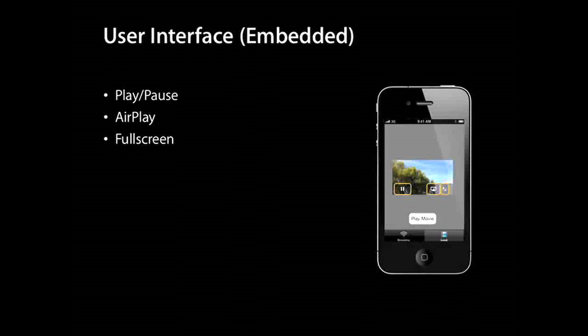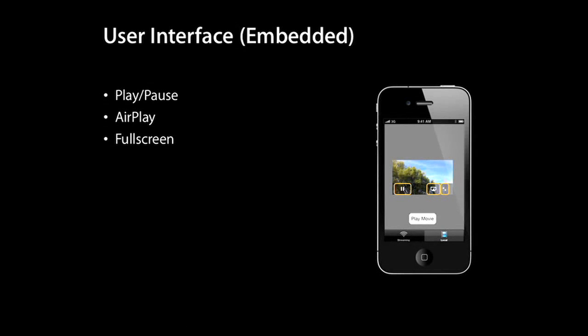So let's talk about user interface. Now, when I'm playing a video, say with MPMoviePlayerViewController, it's in an embedded view, and I have a very limited set of controls: a play-pause button, the AirPlay button, and a button that allows me to go in full screen. Now, once I go into full screen, I have a lot more controls.